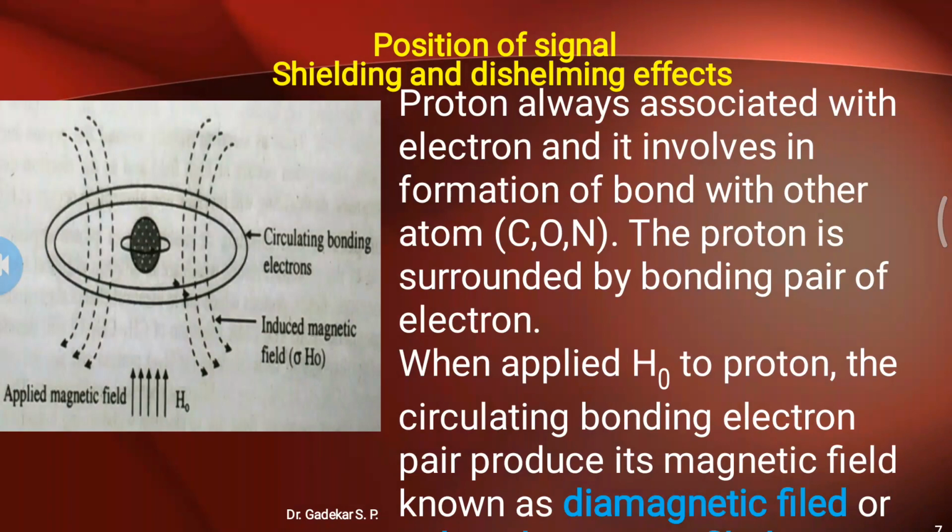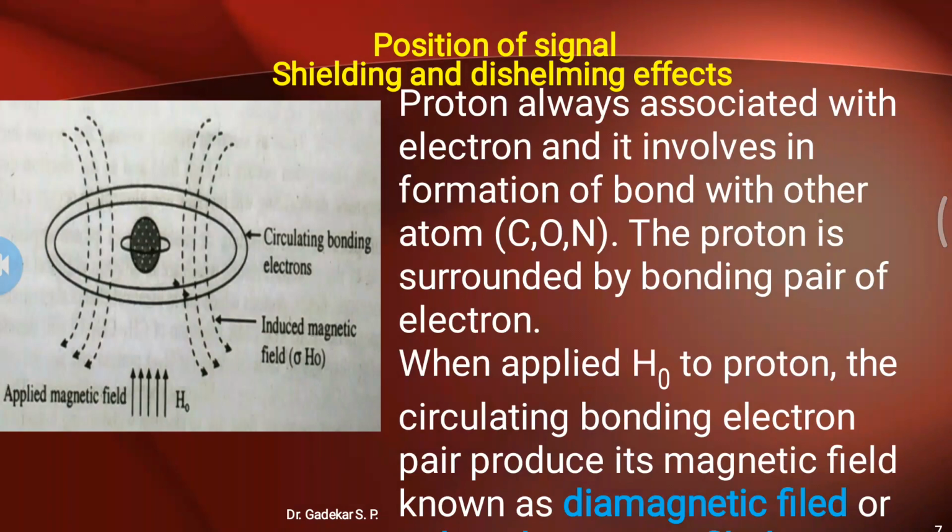Suppose a proton interacts with carbon to form a CH bond. A proton interacts with oxygen to form an OH bond. And suppose hydrogen interacts with nitrogen, sharing a bond to form an NH bond. So the proton is always associated with electrons and involved in the formation of CH, NH, OH bonds, etc. So many types of bonding are present.